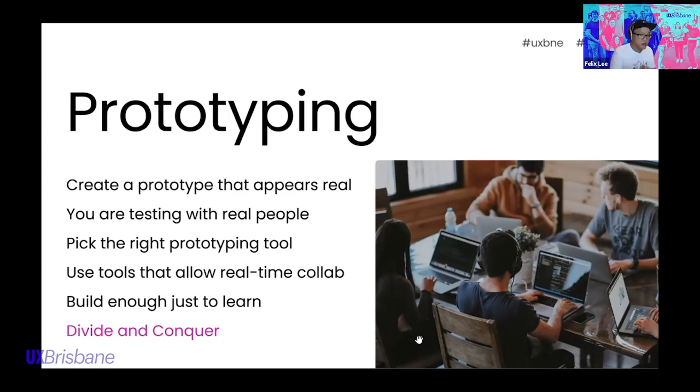Also, what is the test script? Have we actually fleshed out what questions we want answered from our audience? What is the journey that we want to walk them through to get them telling us how they feel? That's what I meant by dividing and conquering, splitting up the different tasks so we work as a team moving forward.